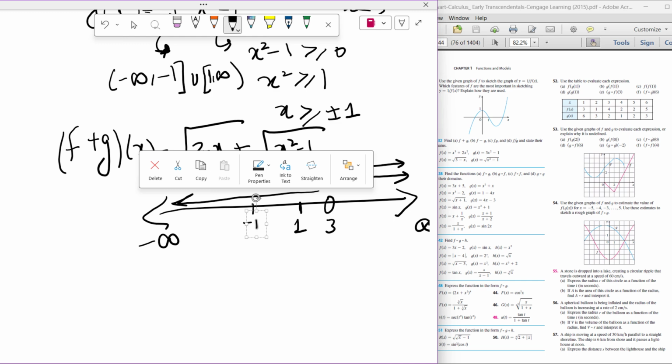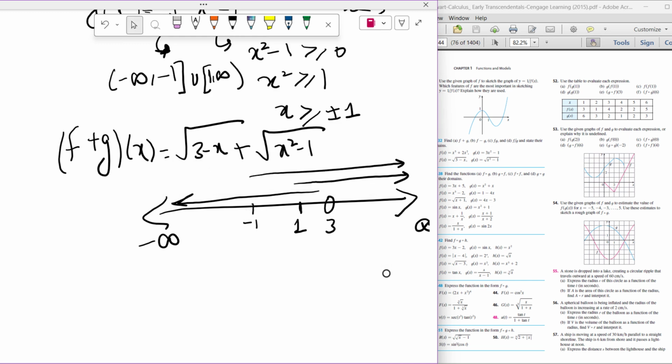So for this I can write the intersection part here. First is from minus infinity up to minus 1, and then 1 to 3. So the domain of this will be minus infinity to minus 1, included, and then 1 to 3.